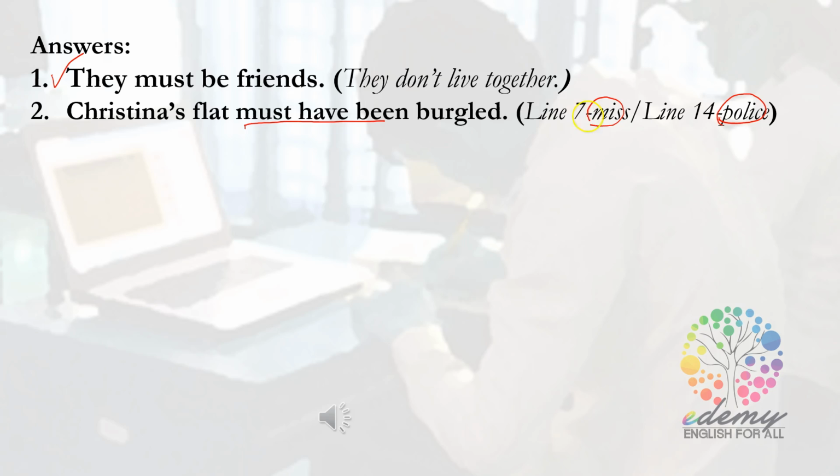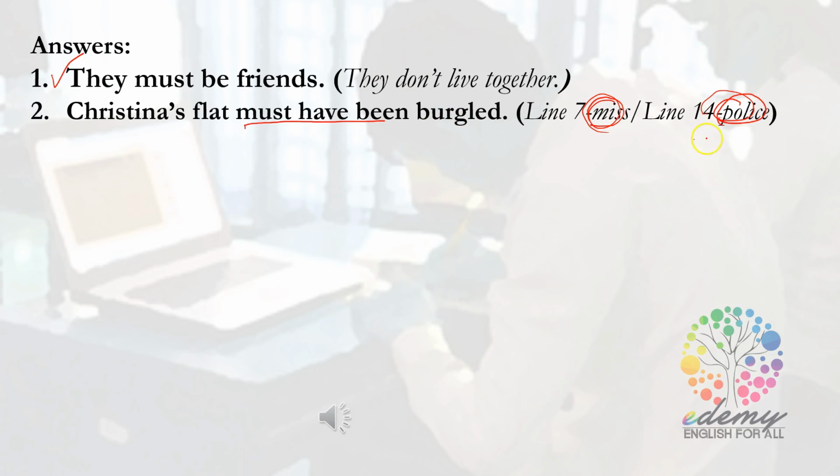So imagine the situation. You miss some things and then you call the police. So the situation is that you must have been burgled. Christina missed something and then she called the police. So the answer is quite sure that she must have been burgled. But I'll imagine another situation.